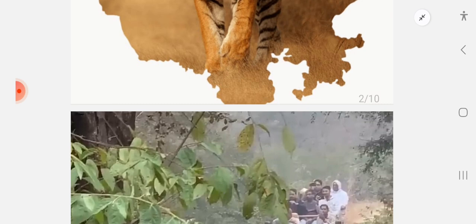So if in an exam a question comes, which river divides Gujarat and Rajasthan, then your answer, sorry, it's not Gujarat, it's Rajasthan and MP. So which river divides Rajasthan and MP? The answer should be Chambal River. Rajasthan and MP is divided by the Chambal River. So you know, Chambal River is in MP also. It is in Rajasthan also.